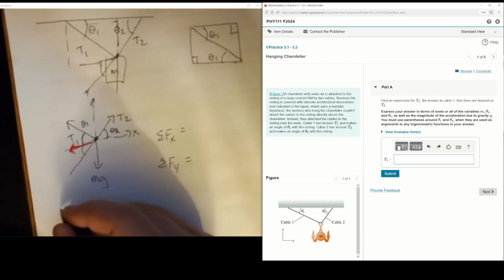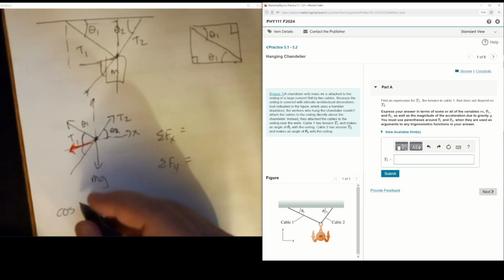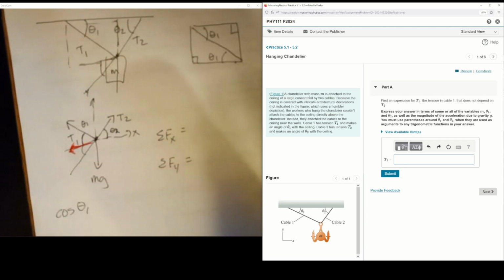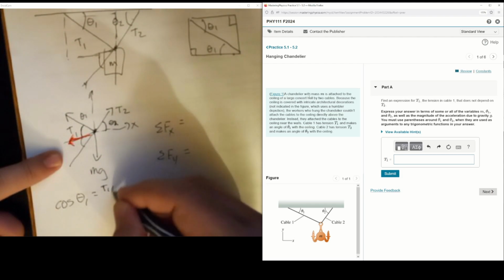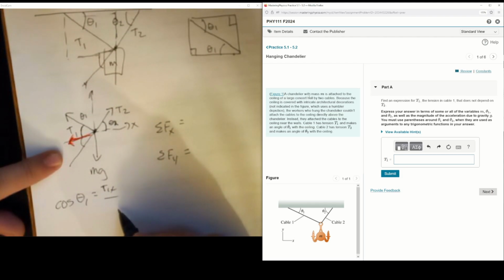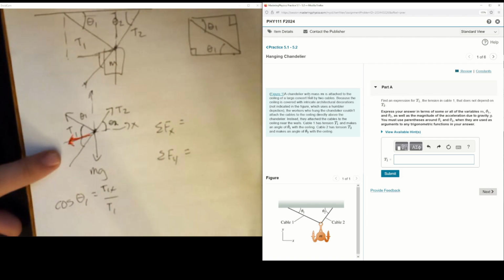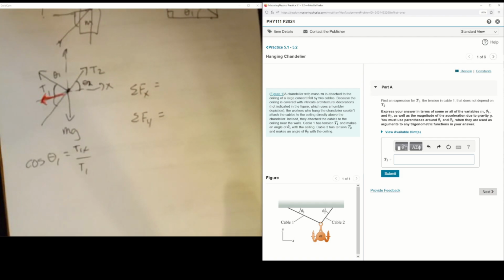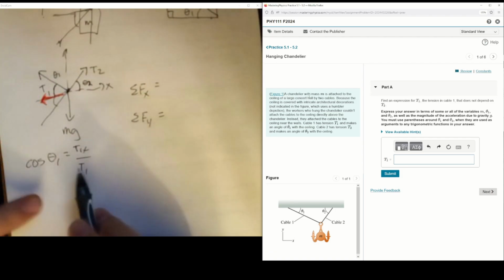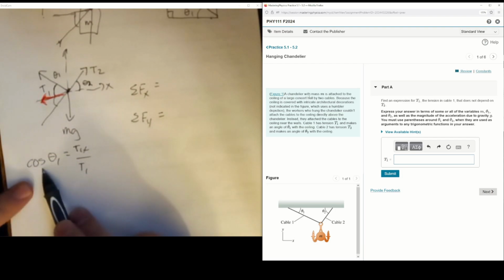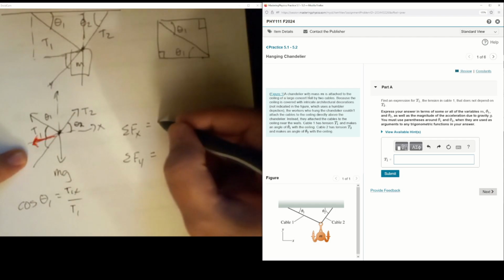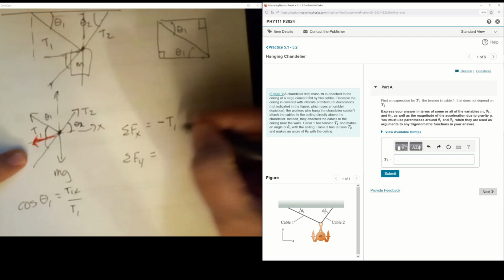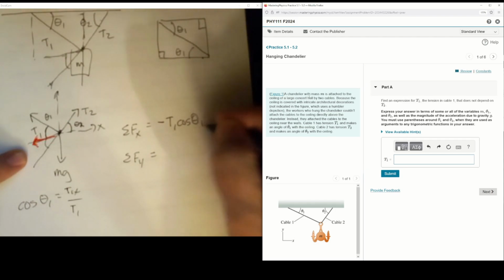So what gets us adjacent is cosine. Cosine of the angle that we're given, they're calling it theta 1, equals adjacent, so that's the x component we're looking for, over the hypotenuse, which is just overall the tension, the magnitude of the force there. And so we can solve for the x component by just multiplying both sides by T1, also pointed into the negative direction. So we would get negative T1 cosine theta 1.